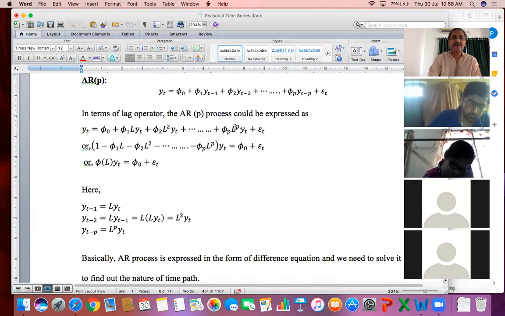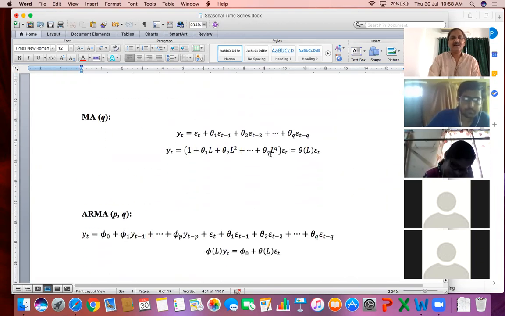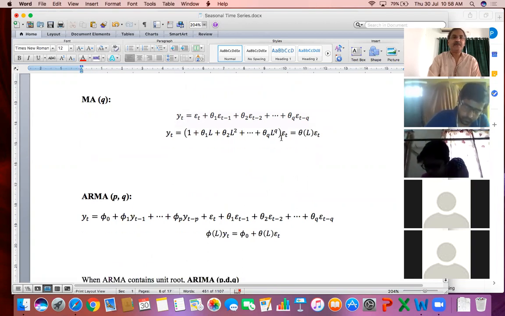In the AR process, y depends on its past values along with the current period error. But in the case of a moving average process, the variable you have depends completely on the errors: current period error, past period error, etc. So if a series behaves like this, we can call it a moving average series.